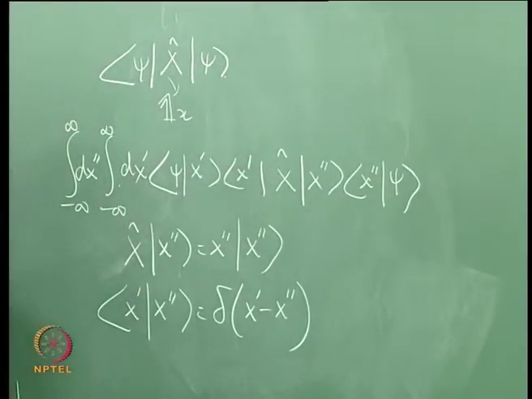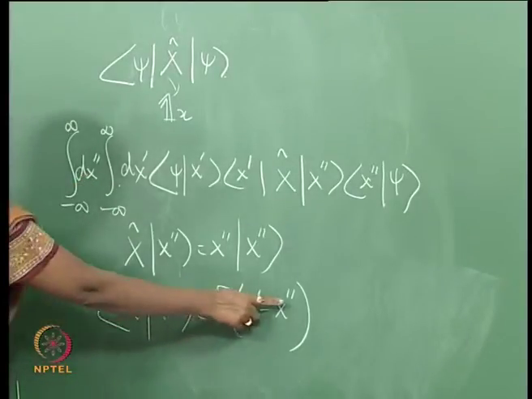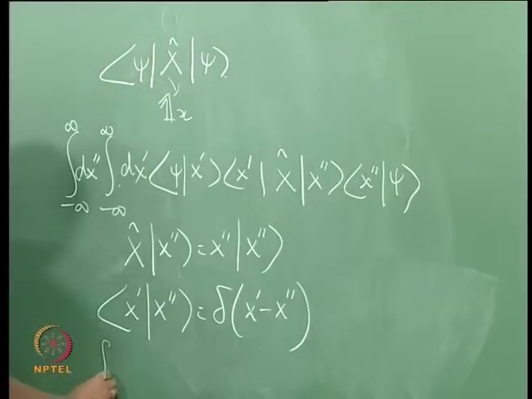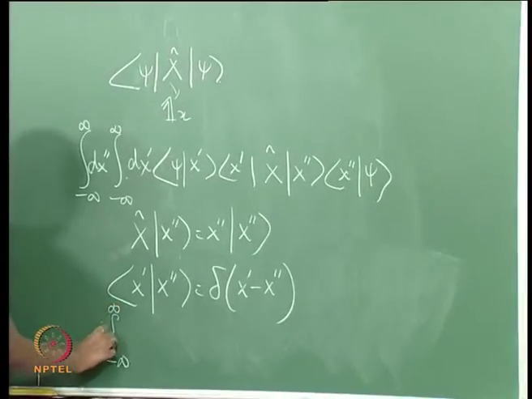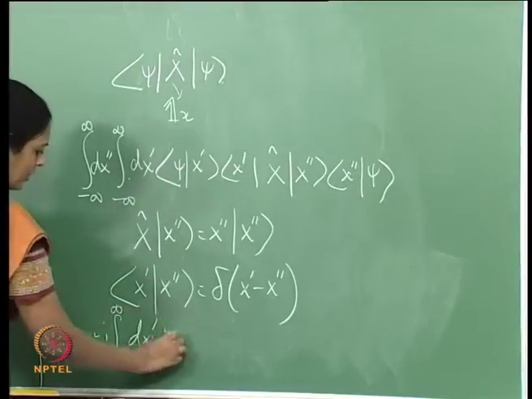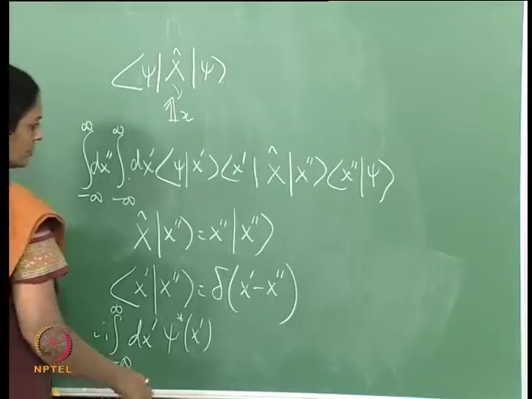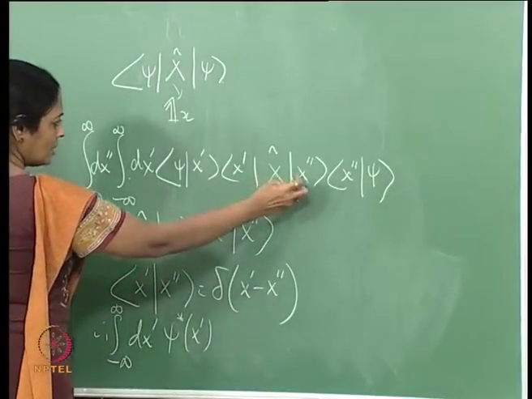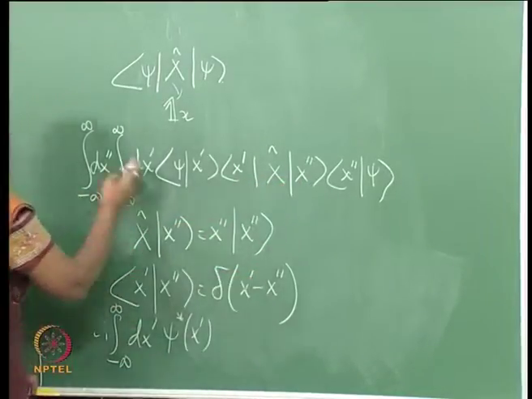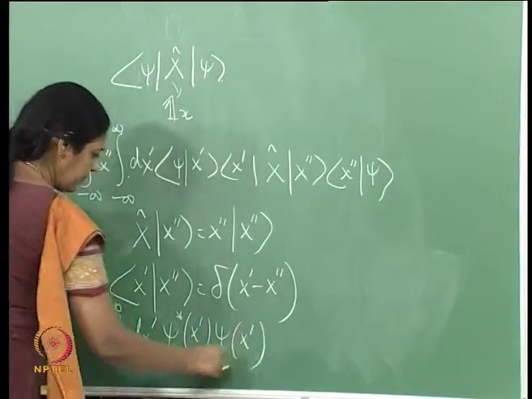And therefore substituting things in, I find that one of the integrals goes, I replace all x double prime by x prime, and I have minus infinity to infinity dx prime. This is psi star of x prime in our notation. This gave me the delta function, and one of the integrals went, and I have psi of x prime.